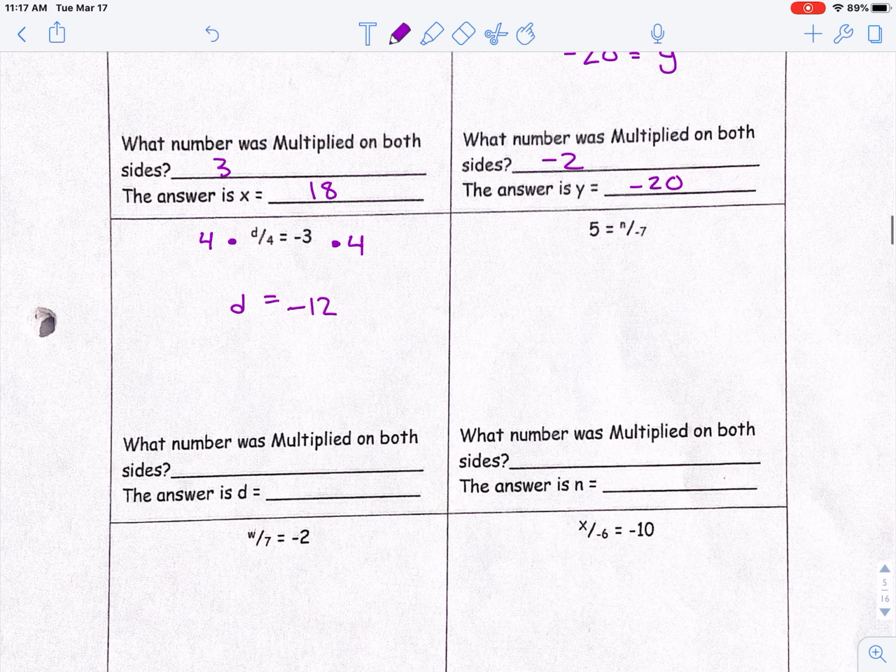And what number was multiplied on both sides? We have our 4, and our answer is d is equal to -12. Now we also have 5 is equal to n divided by -7. So again, to undo dividing by -7, we're going to multiply by -7. And we get -35 is equal to our n.